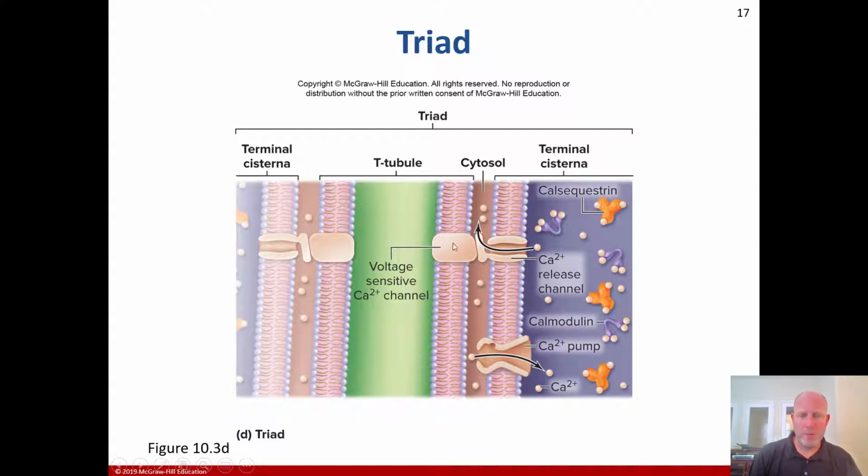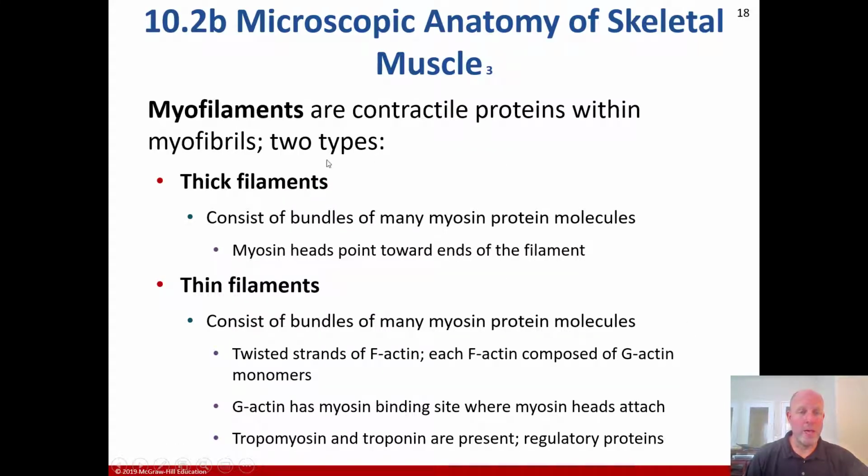In between the cytosol and the T-tubule, we have the voltage-sensitive calcium channel, and the calcium being released into the cytosol. Here we have calmodulin and a calcium pump, with calcium being pumped from the cytosol into the terminal cisterna. And of course, here's calsequestrin as well. They'll keep showing up a lot here.